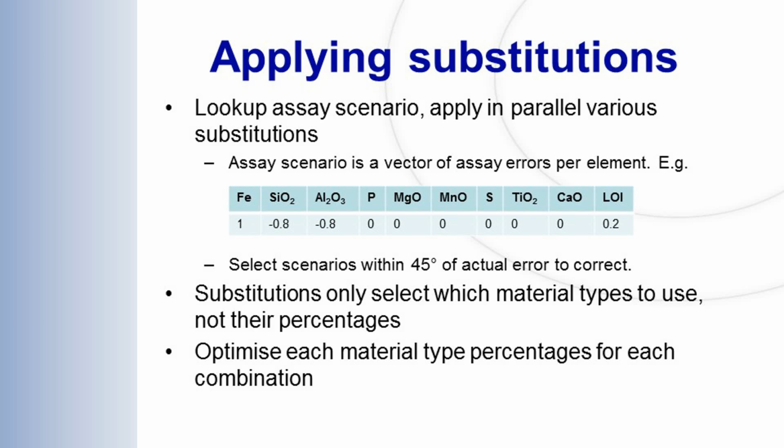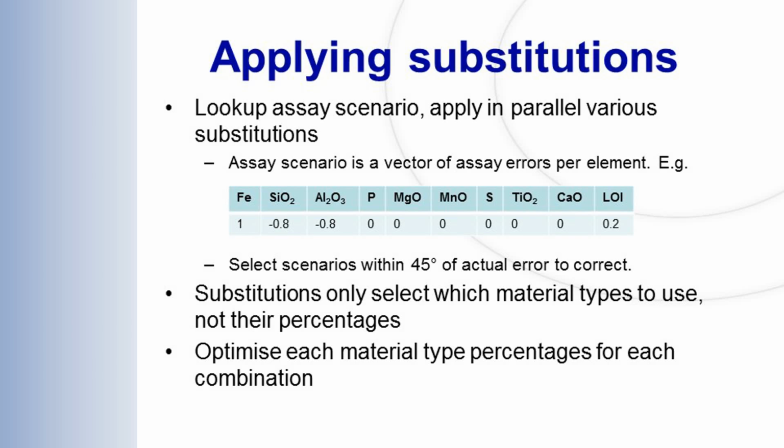In order to actually apply the substitutions, we needed to look at the chemical scenarios in which they were exchanged. So this is the assay suite here, a 10-element suite that was being recorded. And we looked at the assay error, so this is the difference between the lab assay and the theoretical chemistry that we estimated from the logged composition.